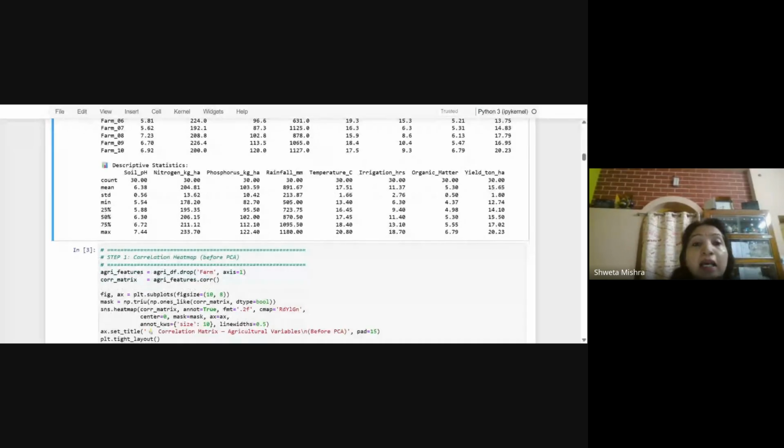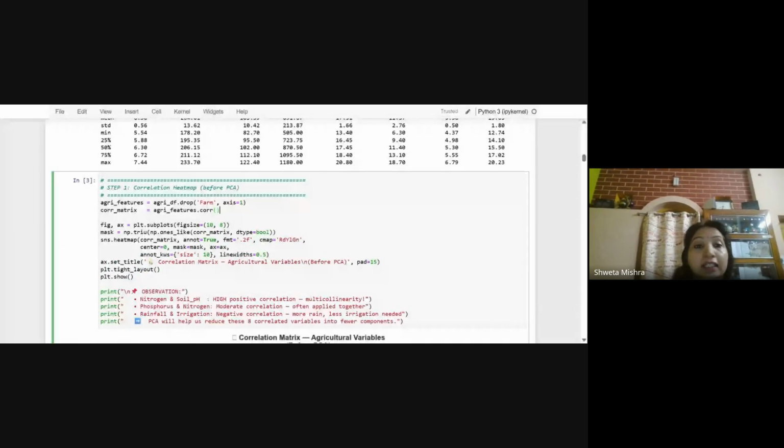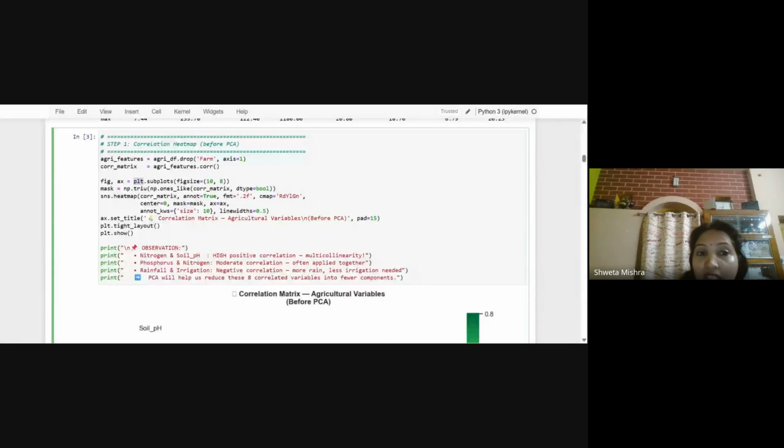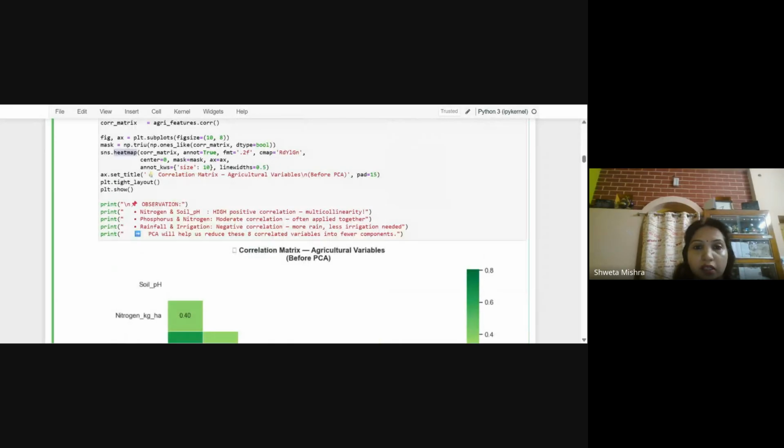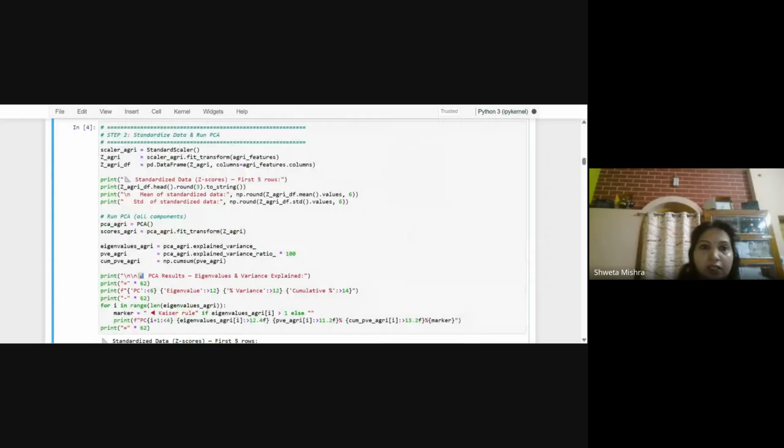Here, with the help of matplotlib, we are plotting a heat map for the correlation matrix. This is our correlation matrix. Let me execute it so that you can see.